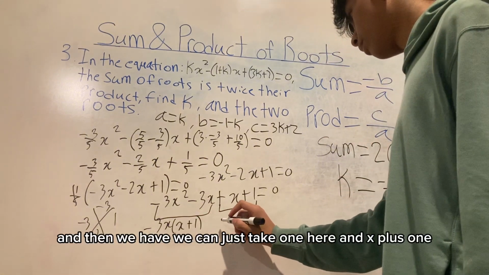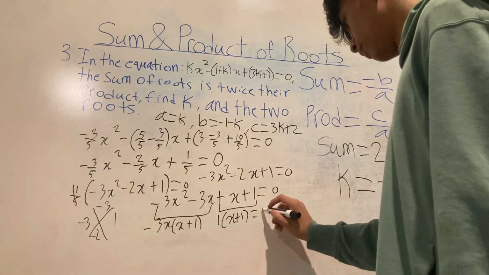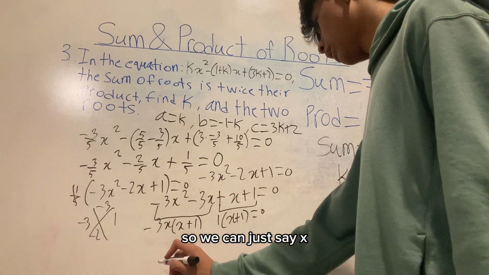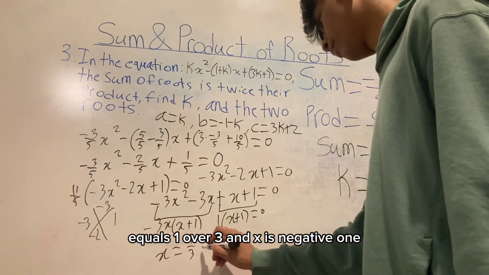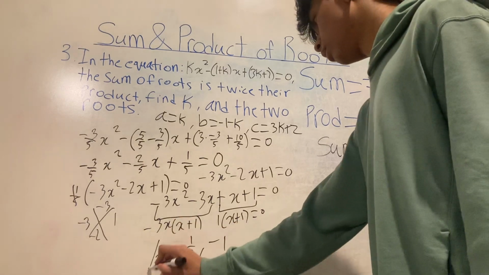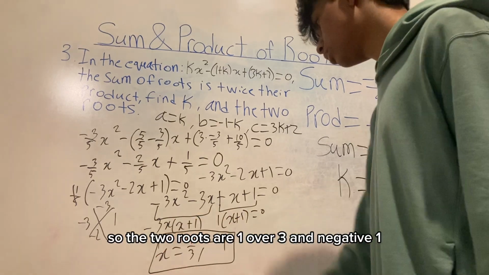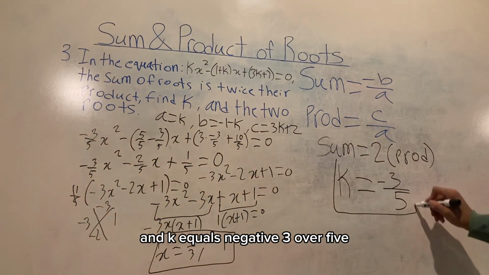Then we can take out the common factors and get x plus 1 as a factor. So we can say x equals 1 over 3 and x equals negative 1. So the two roots are 1 over 3 and negative 1, and k equals negative 3 over 5.